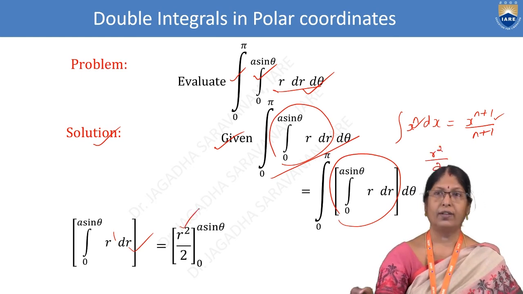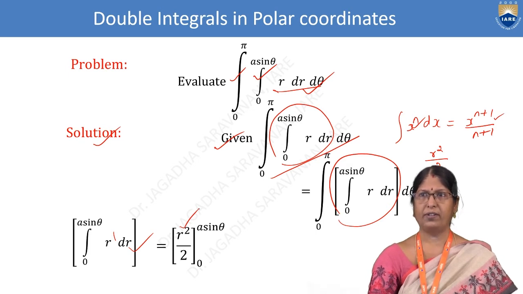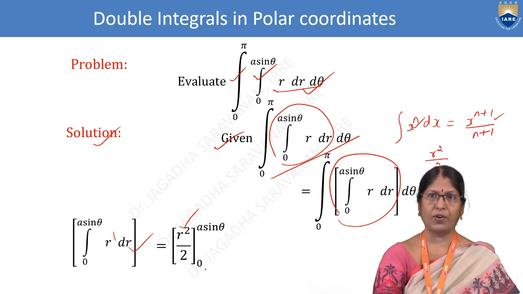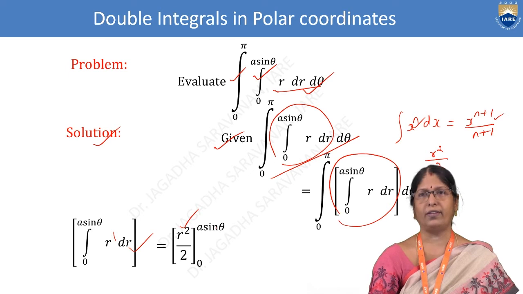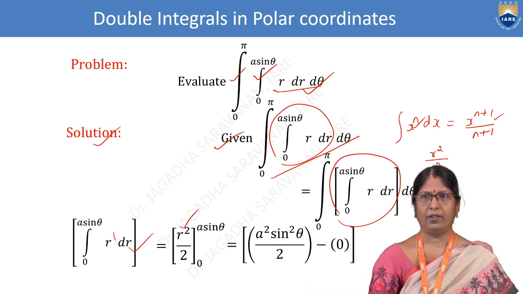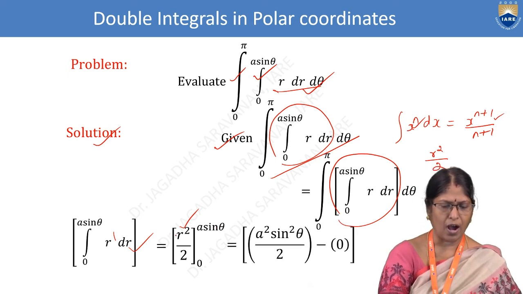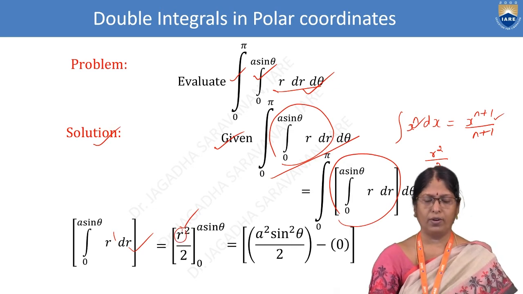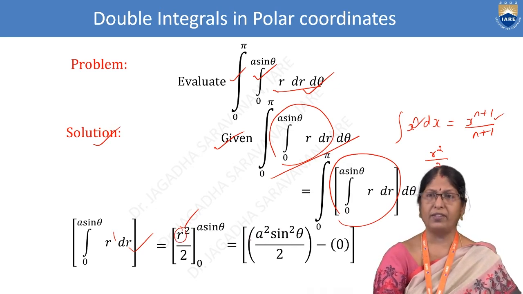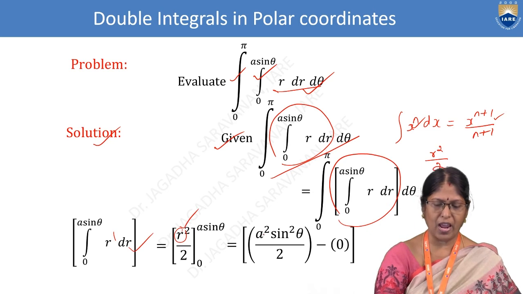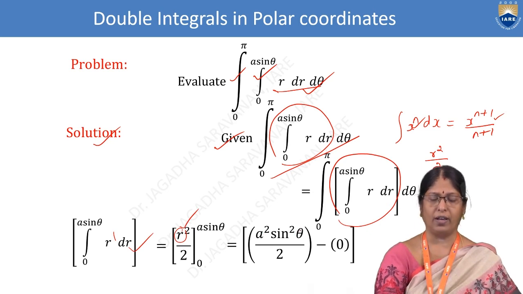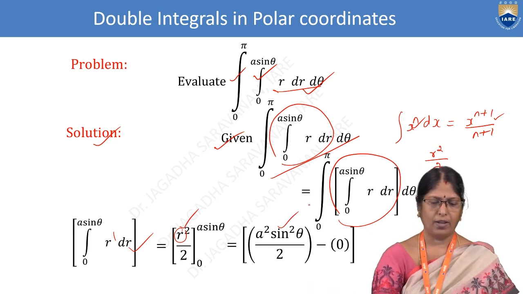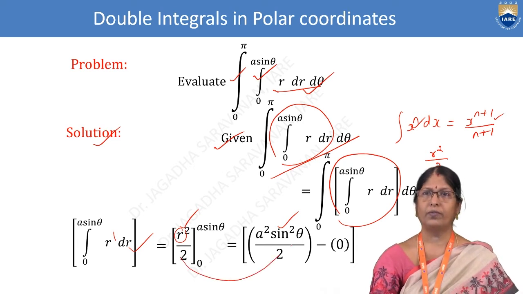That's what we integrated, with limits from 0 to a sine theta. Now here r is playing the role of a sine theta, that is a square sine square theta we substituted, divided by 2.